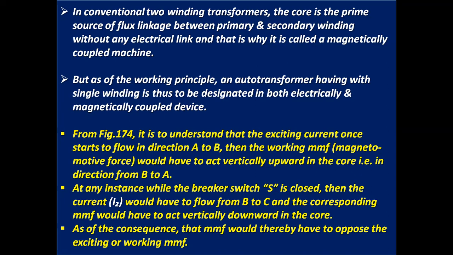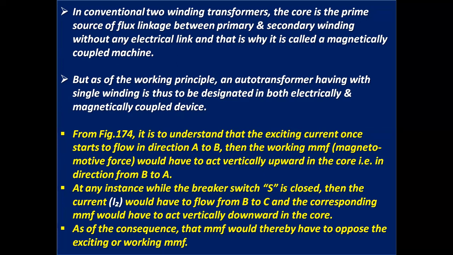But as per the working principle, an autotransformer with a single winding is designated as both an electrically and magnetically coupled device. This is the main difference between the conventional transformer and autotransformer.